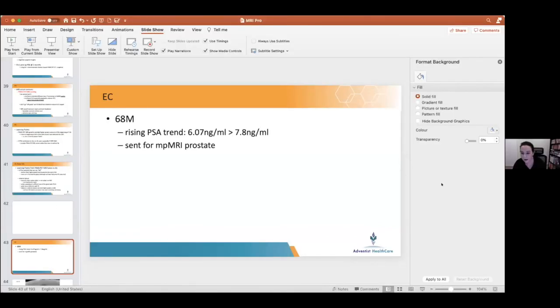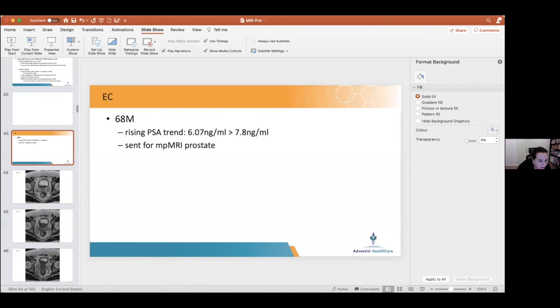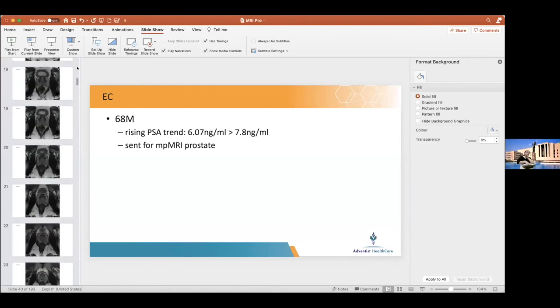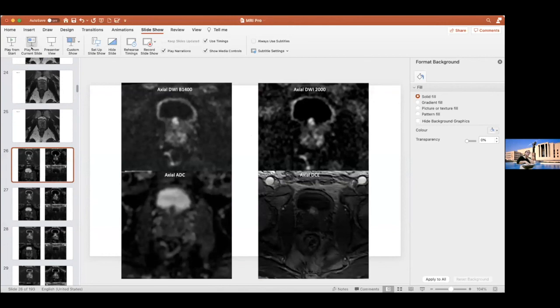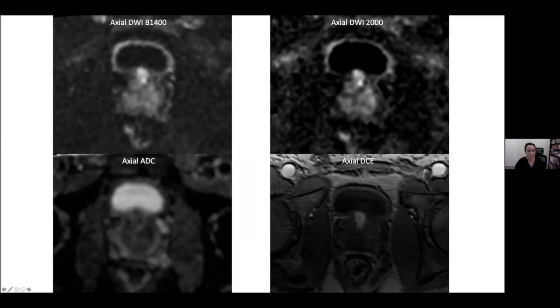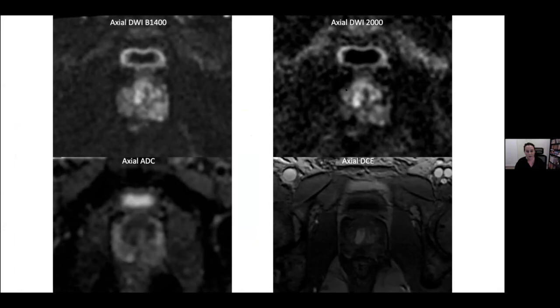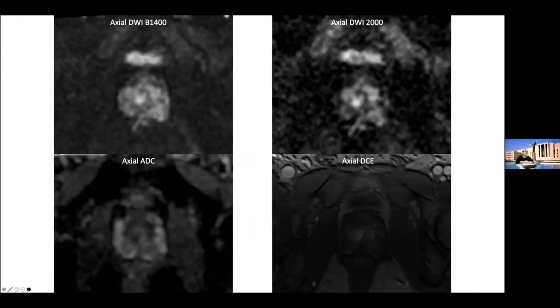I'll go back to the MR. On MRI, high B value MRI, middle base left peripheral zone. Yeah. 5 o'clock. More or less. Left side, yeah. Okay. What about on histopathology?